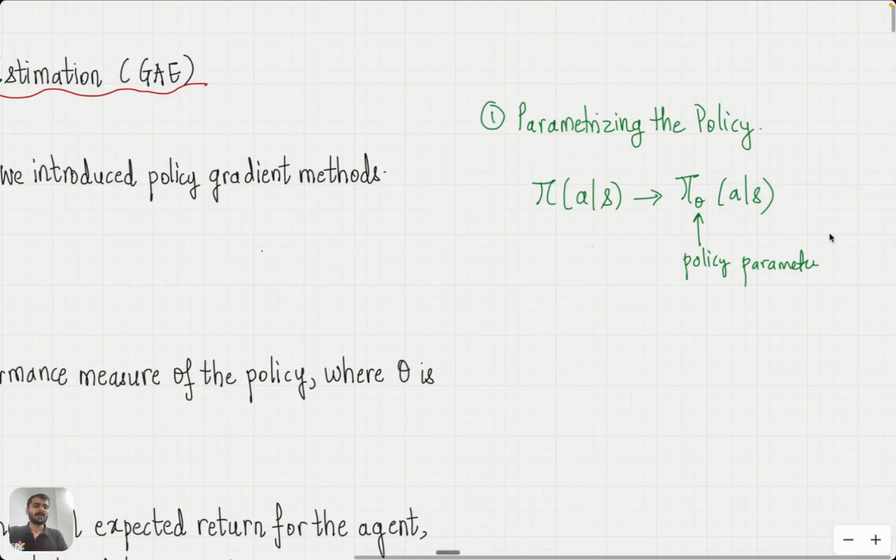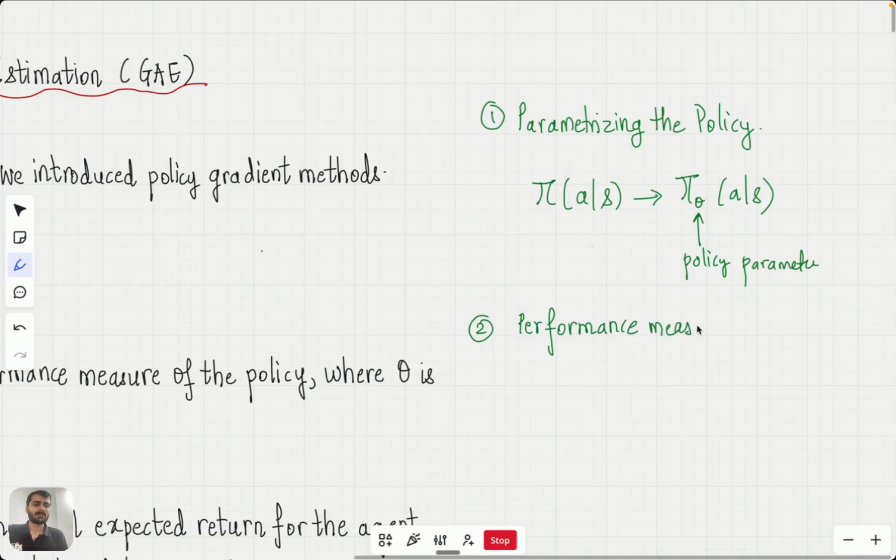Now once we have parameterized our policy, our main objective behind any reinforcement learning problem is to make sure that the agent gets maximum rewards in the long run. So we have to define a performance measure which we want to maximize.